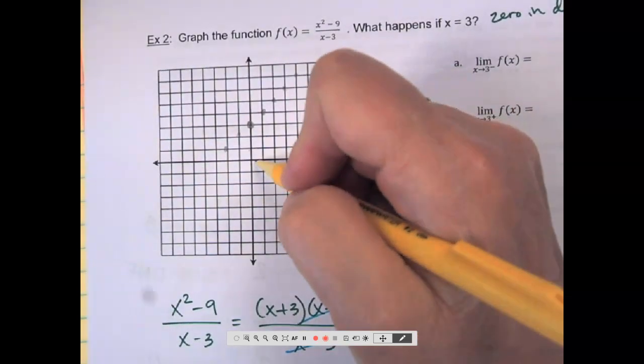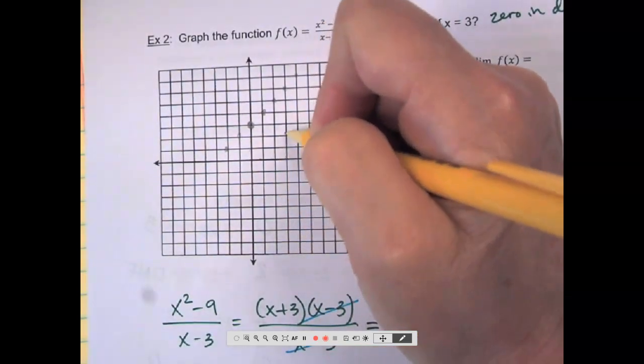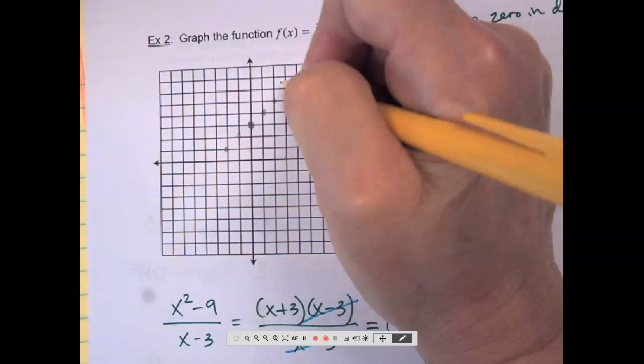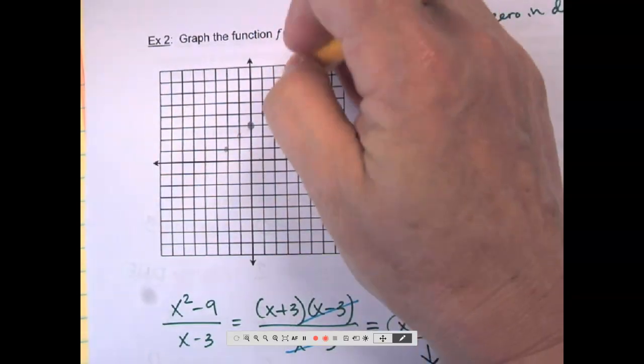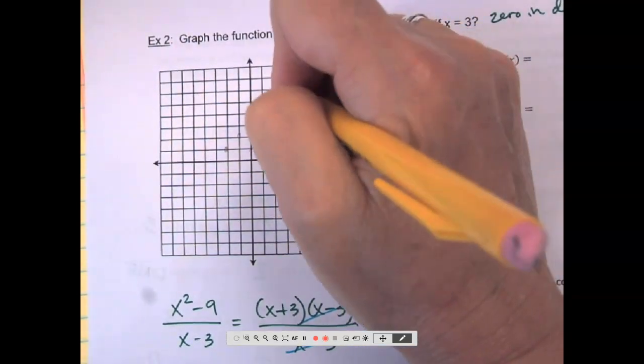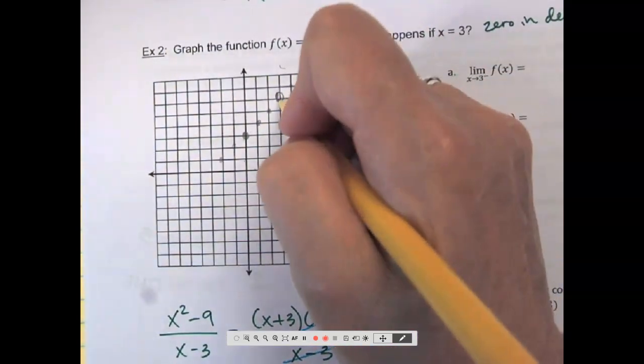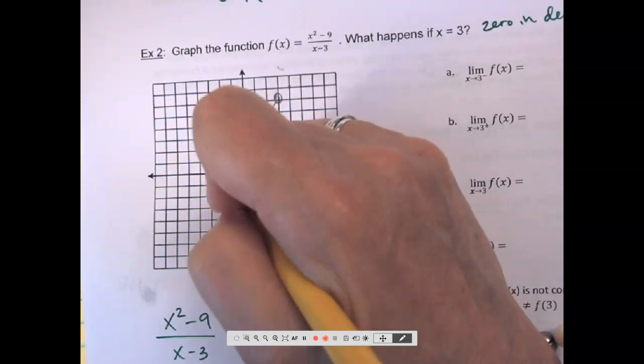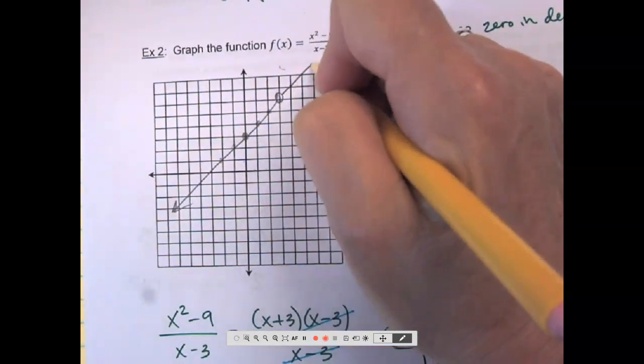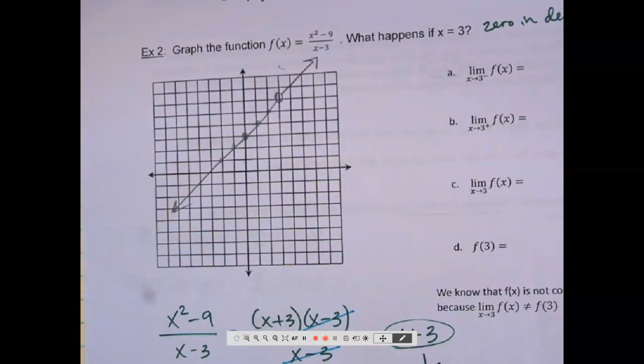So I'm going to go to where x is 3, follow it up to the graph, and that's where this open circle will be, a hole in the graph. But other than that, I want to graph that line. Oh, I should use my ruler. So that would be my step. Looks like a line, but technically there's a little hole that we have to jump over when you get to x equals 3.